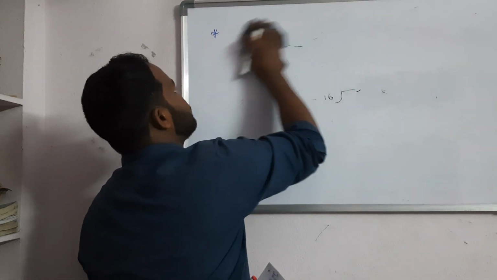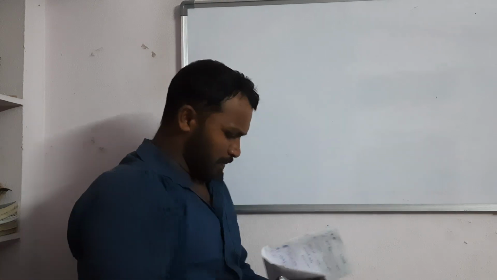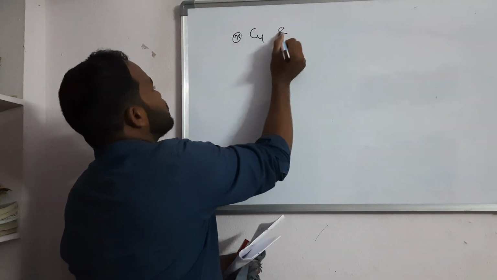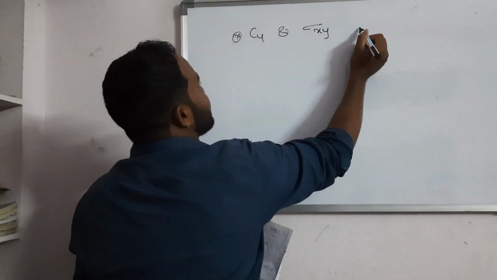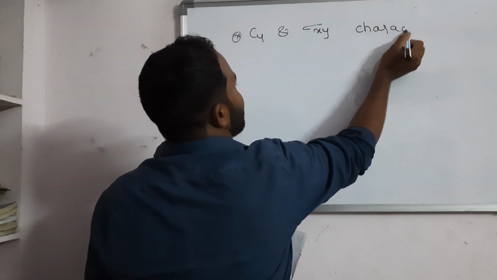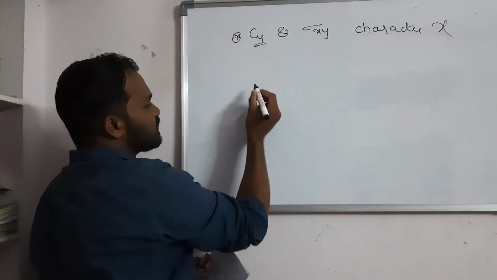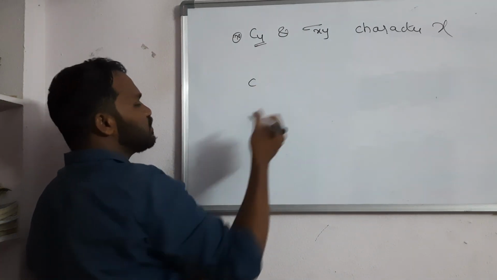Next question. From symmetry they asked for the C4 and sigma xy character, the chi value. Generally for any C, you can write C to x, C to y.